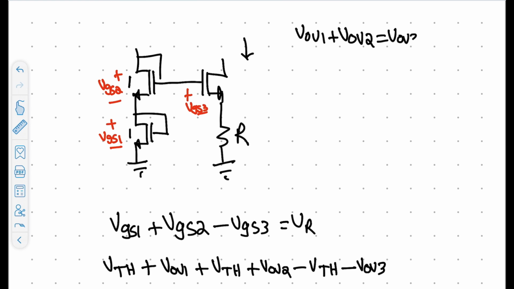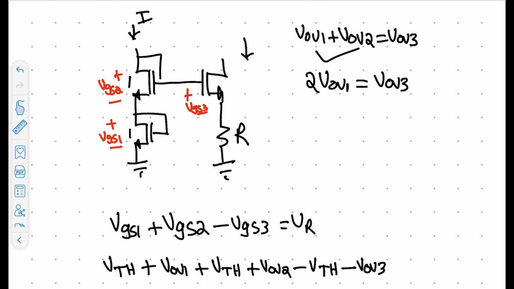But given that we know the current that is flowing through M1 and M2 is the same, and the aspect ratio is the same, we know that this quantity is the same. So this is 2 VOV is equal to VOV3. I'll call that VOV1.